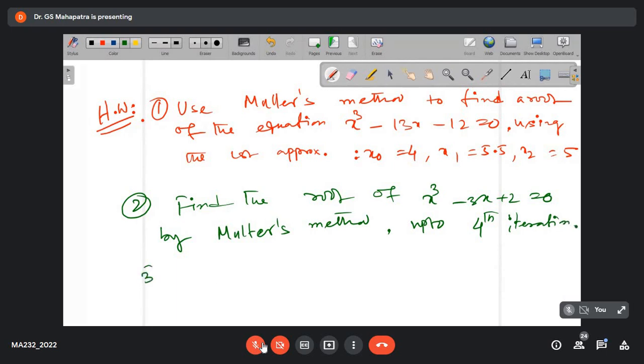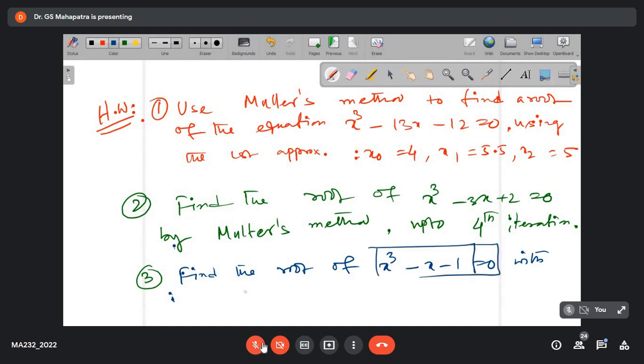And number 3, last one, okay, find the root of x cube minus x minus 1 equals to 0 with initial, just now we have done this problem, okay.